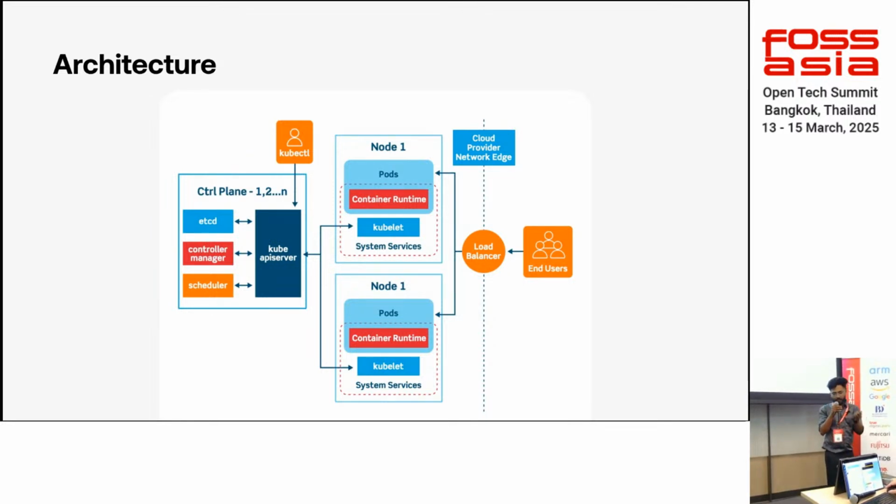The nodes are the place where our containers run. Let's say I have a container 1 running at node 1. Containers do not have a standalone runtime in worker nodes. They are encapsulated in pods. I'll be covering pods in the next slide, so I'll skip that right now. And we have a kubelet.